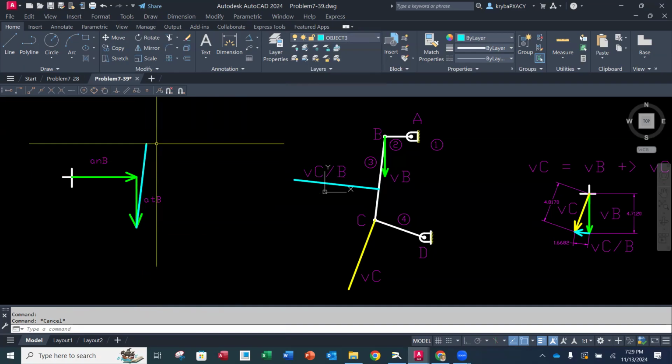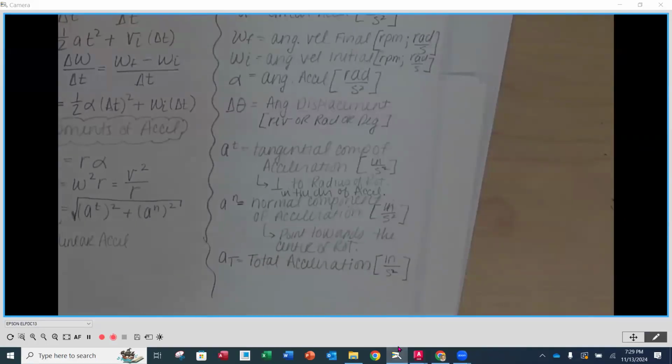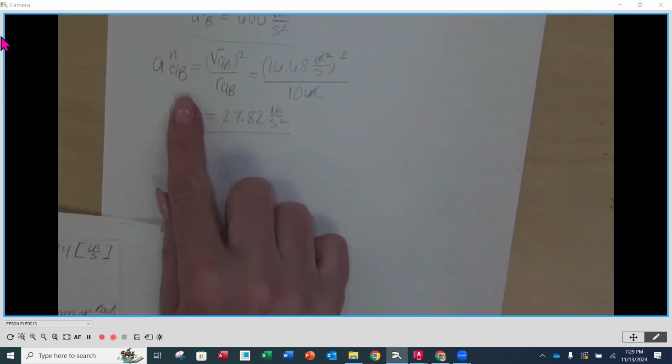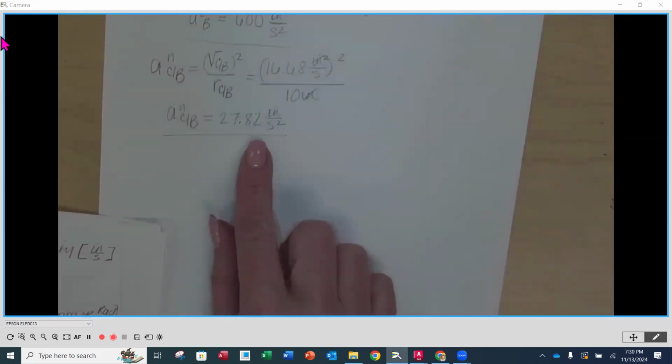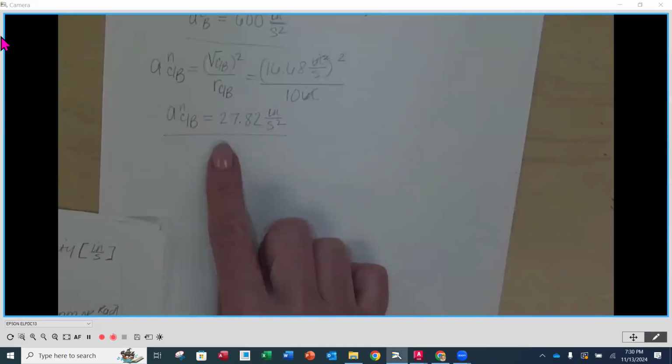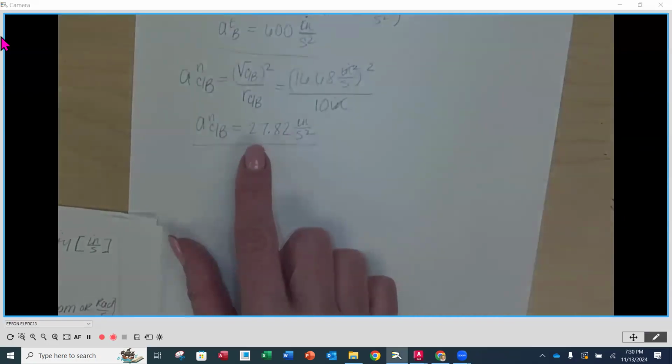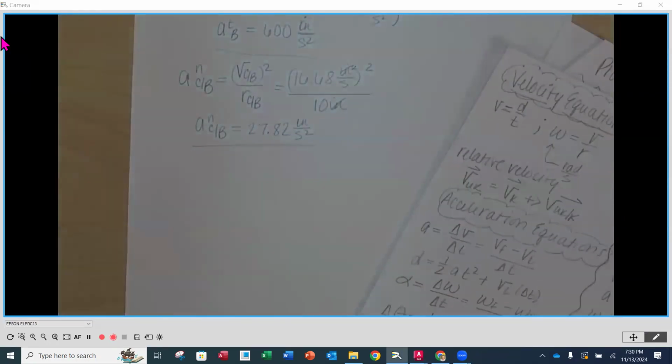And now I need to make it the correct length. The length that I calculated for the normal of C relative to B was 27.82. So I'm going to draw this at 0.27, right? Divide by 100, because this was 6. So I divided by 100. So I have to divide this by 100. So 0.2782 is going to be the length.